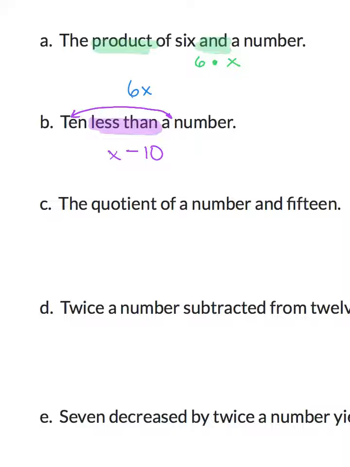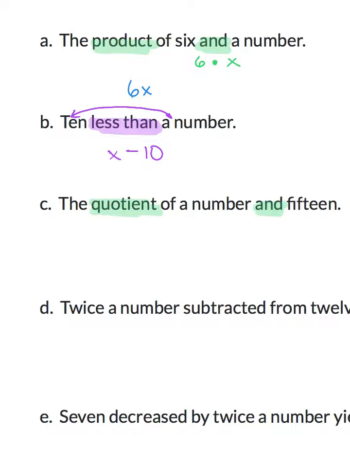For C, we have the quotient of a number and 15. Quotient was one of those phrases that we needed to memorize, and it was one of the phrases also where we want to replace the word "and" with our operation. So quotient means divide. I'm going to go ahead and write what we have here.